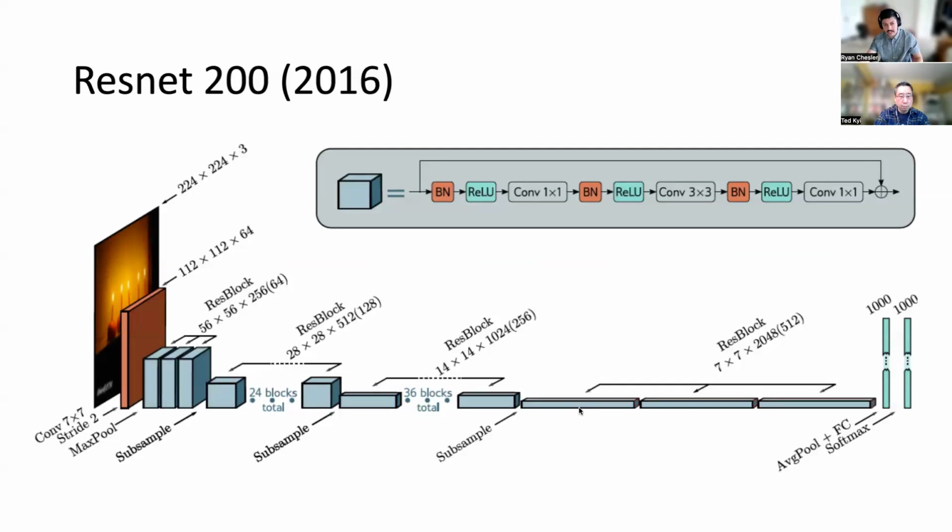After figuring this out, people scaled it up, and they said, now we have this trick that allows us to train much bigger networks. So let's scale it all the way up to 200 layers, because before we couldn't even do 50, it wouldn't even converge.